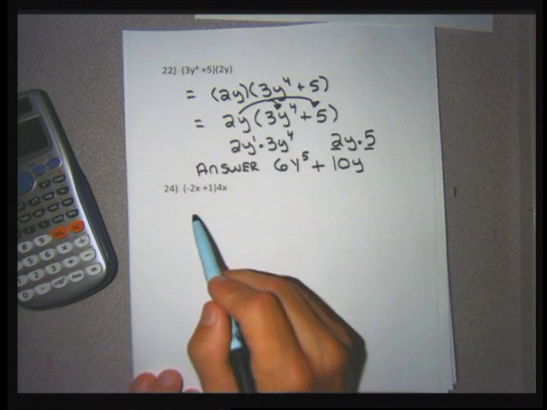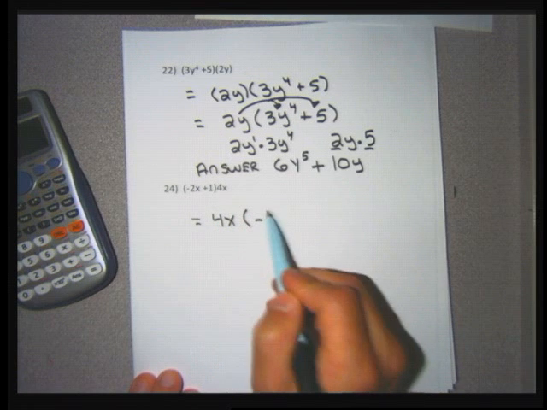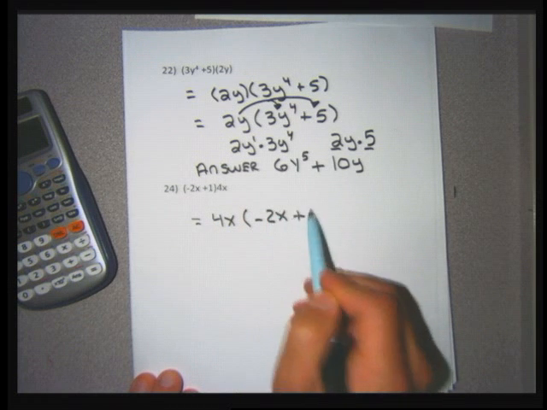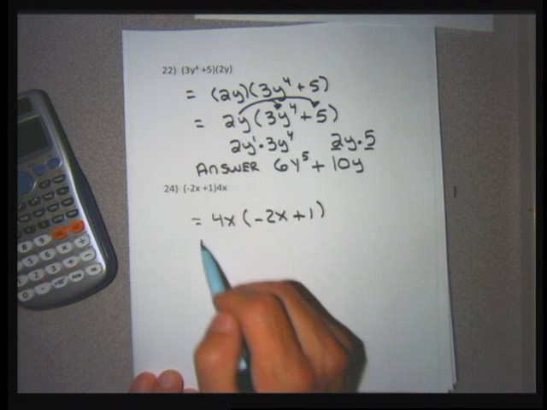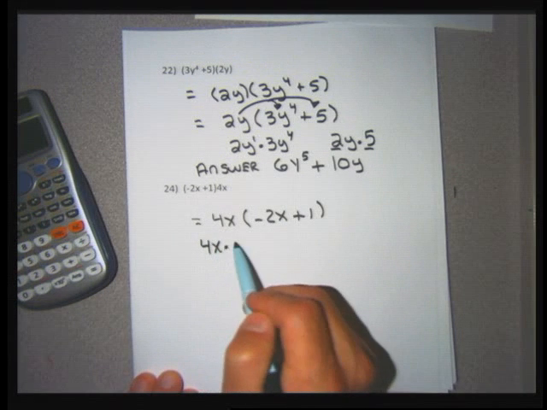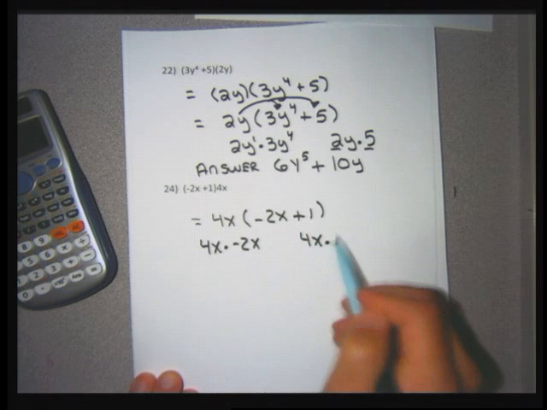If it helps for 24, I can rewrite this as 4x times negative 2x plus 1. You can always switch the order of any multiplication problem. And now I'm going to go 4x times negative 2x and 4x times 1.